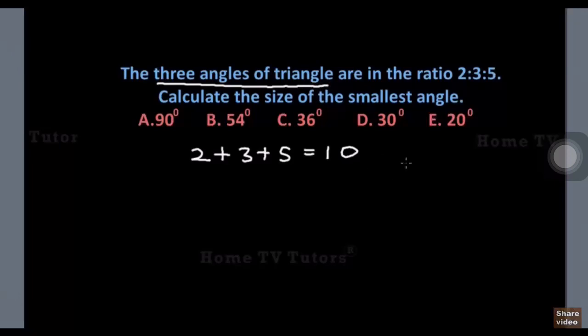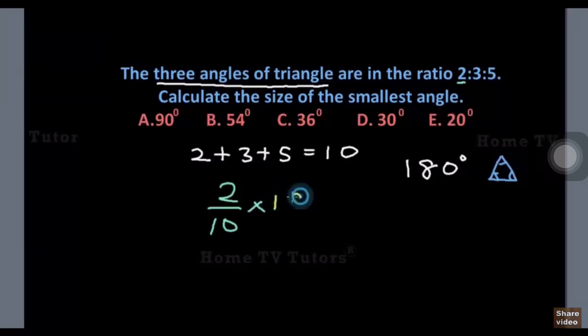We have to find the size of the smallest angle. The smallest number is 2, so that's 2 over 10 times 180 degrees.